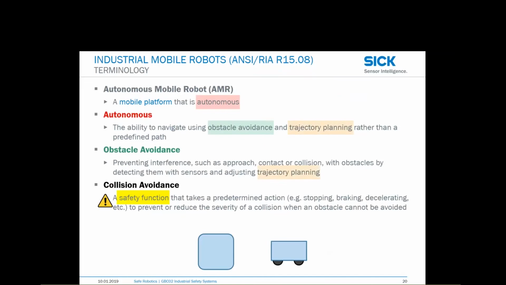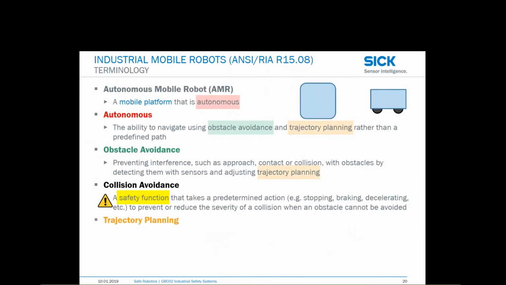The trajectory planning, right? So again, trajectory planning is about planning the path with time as the parameter. How do I get from A to B? What's the quickest way to get from A to B where I avoid obstacles and therefore can be the most productive and efficient in moving through the facility?